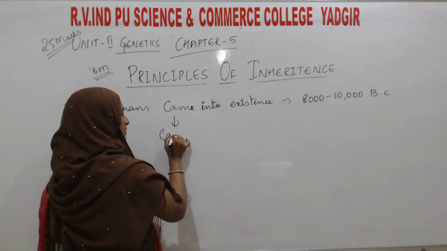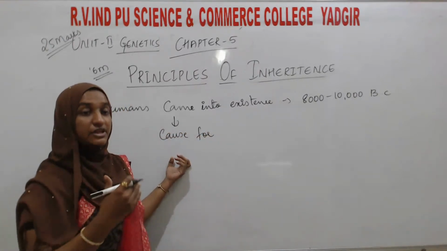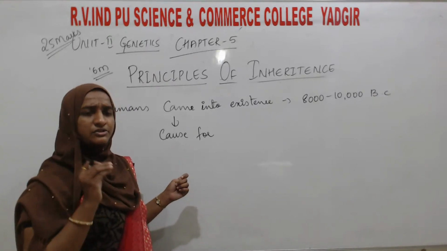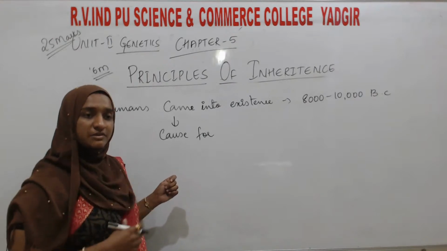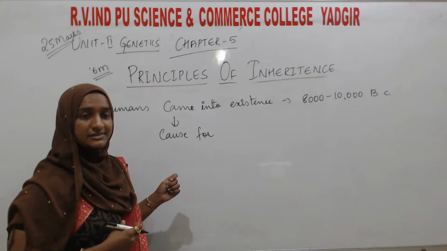See here, what is the cause for variation? Variation means changes between the individuals which belong to the same parents. If they belong to the same parents, they should be similar. Why are they not similar? Why is there a difference?